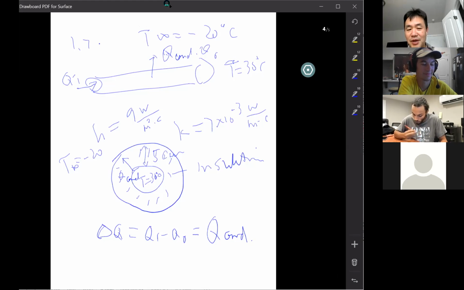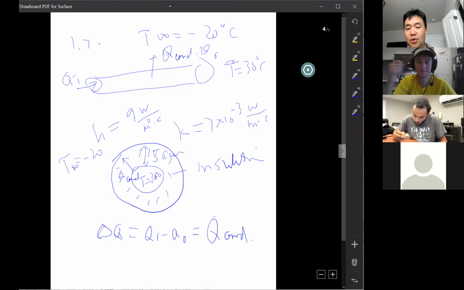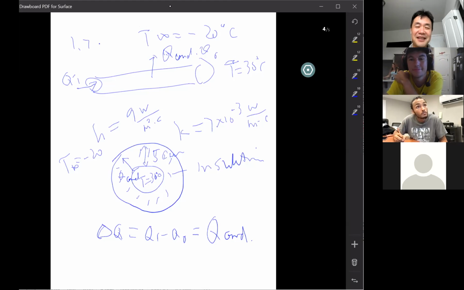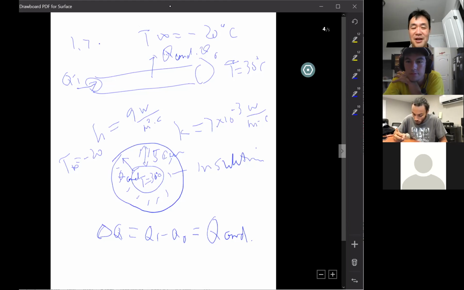But in this problem, you have the temperature on the inner circle, which is 30 degrees, the oil temperature. But do you have the temperature on the outer circle? It's not given. It gives you instead the air temperature, negative 20. That gives you one additional unknown: the outer surface temperature. If I knew it, I could calculate just like in the example.